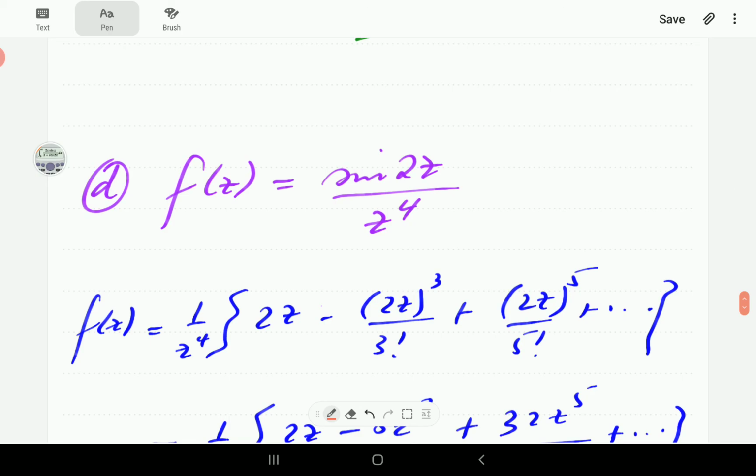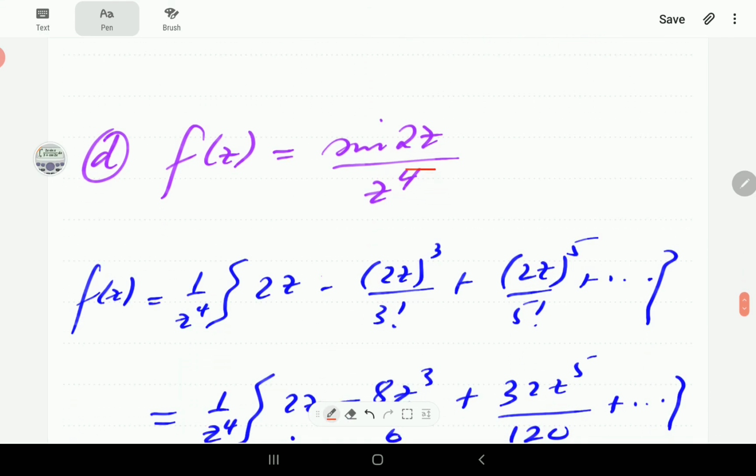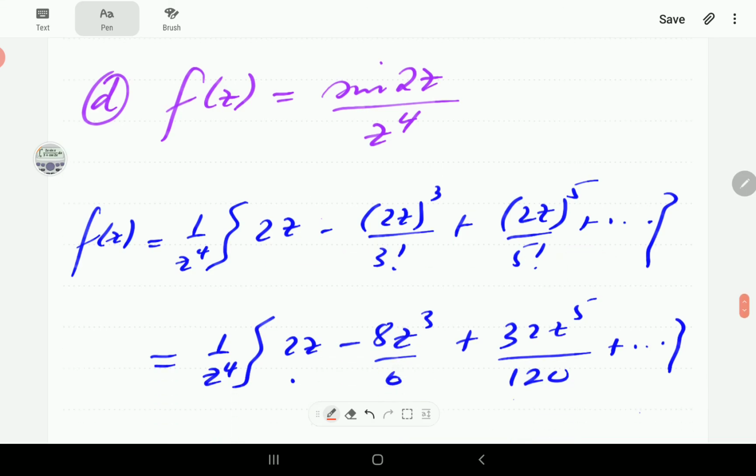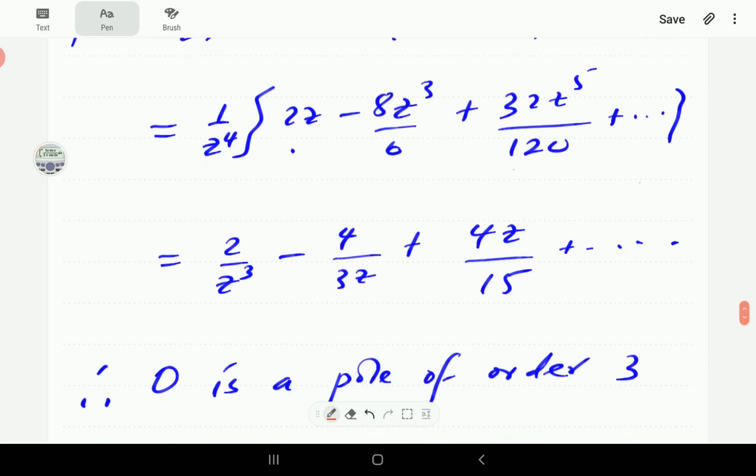For this one, D, the first issue is whether this is a pole of order 4 or not. Because sine is also 0 at 0, it becomes safe for us to expand this in a Laurent series. So that's going to tell us what type of pole it is.